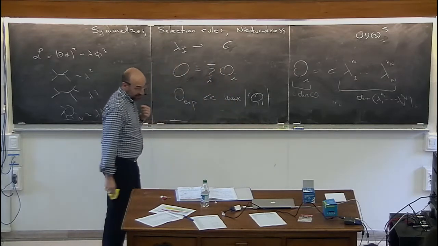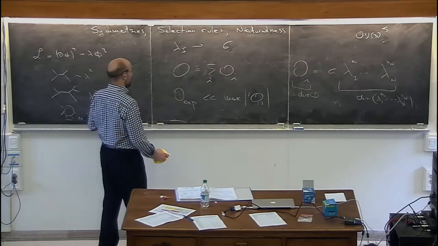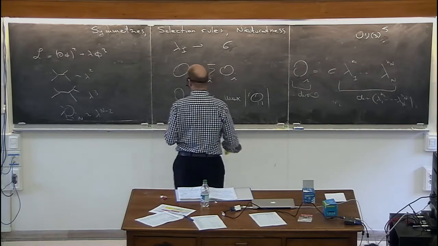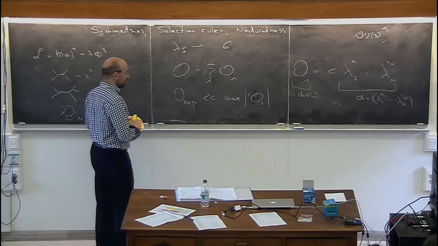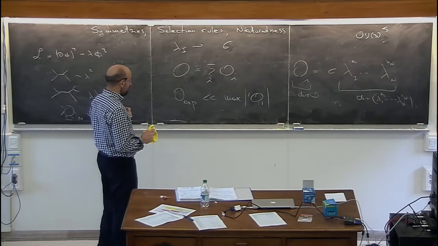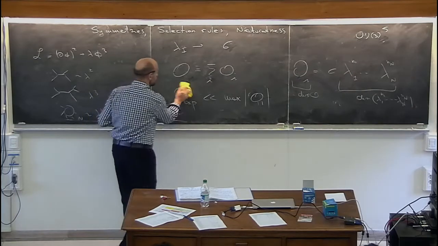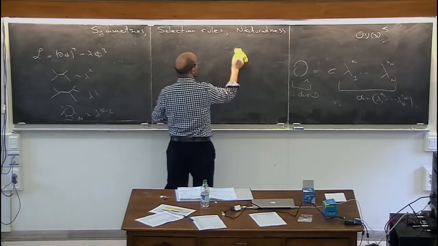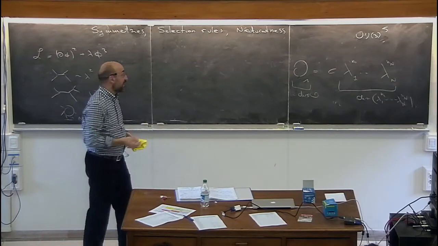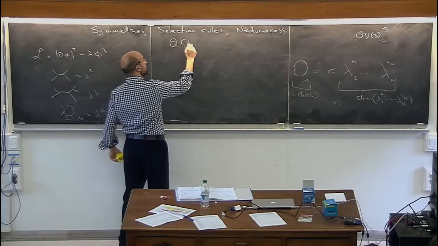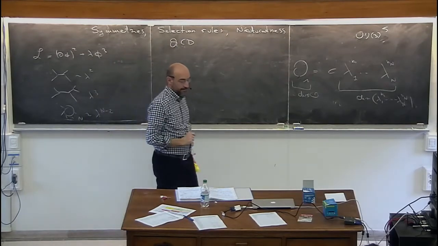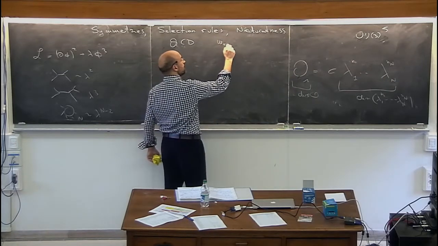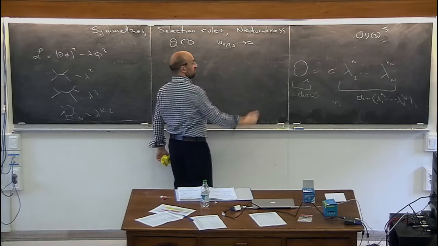Now, instead, let me give you an example of natural parameters, and this is the well-known example of the pi plus, pi zero mass difference. Let me just erase here. So in QCD, take QCD and consider the limit where the quark masses are 0.